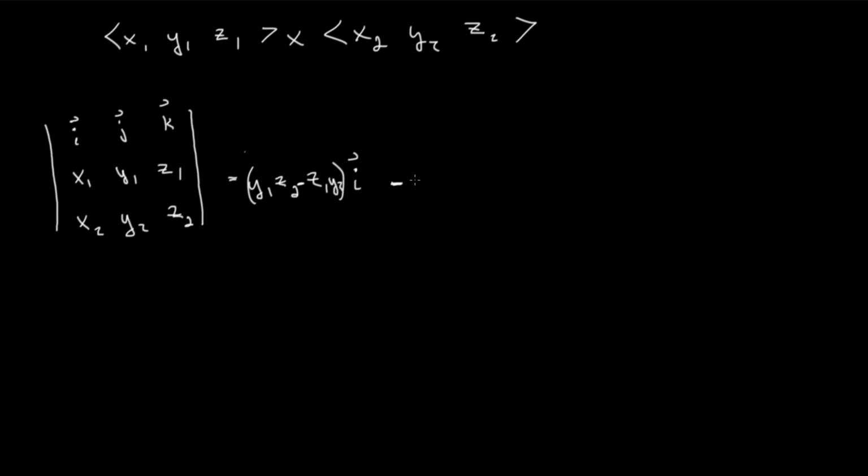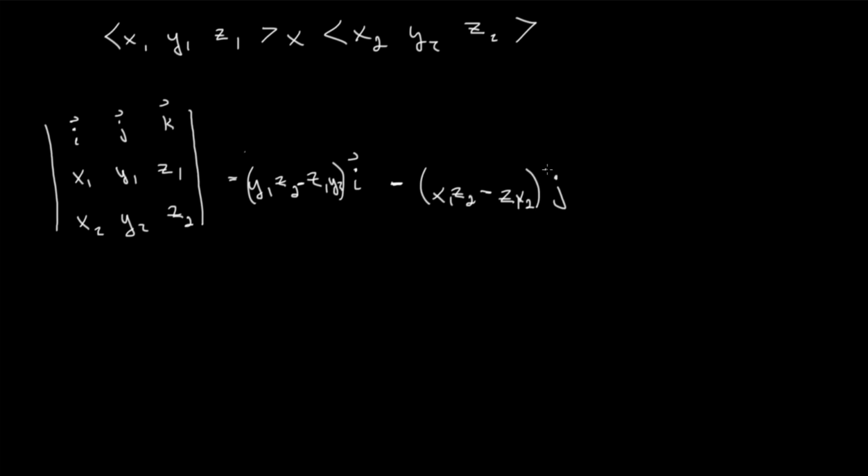Then for the next one, you have to remember to put a minus here. It's kind of annoying. This will become clear when you start to do determinants in the matrices unit. All right. The J column and the J row are going to get deleted, and I'm going to be left over with x1, z2, minus z1, x2.